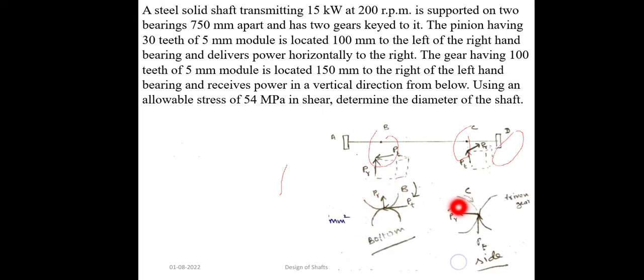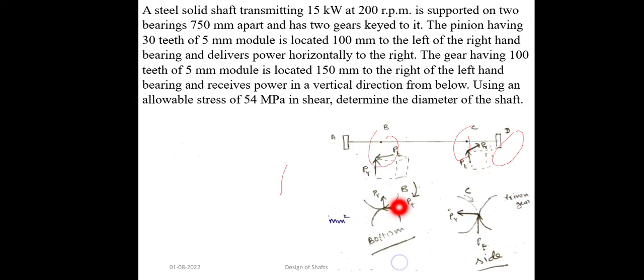In the case of the driving gear, the tangential force will be in the opposite direction. Look at the arrow marks. Here PT moves upward, which is opposite to the direction of rotation of gear C. But here PT moves leftward, which is towards the direction of rotation of gear B.